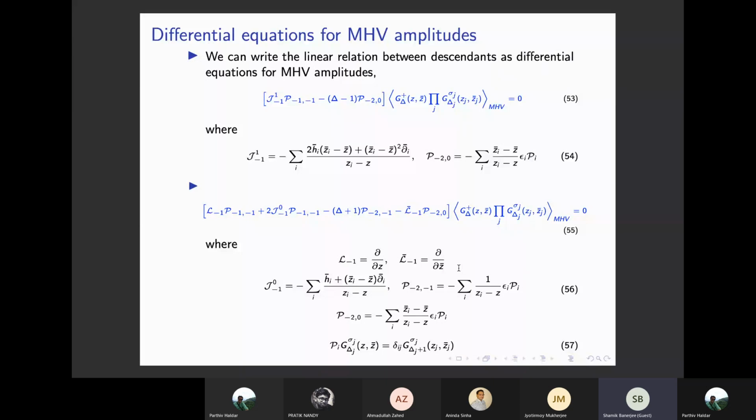And in the higher point, I haven't really thought about it, but they are first order, because you get a single power of del z and del z bar. So each equation is first order.